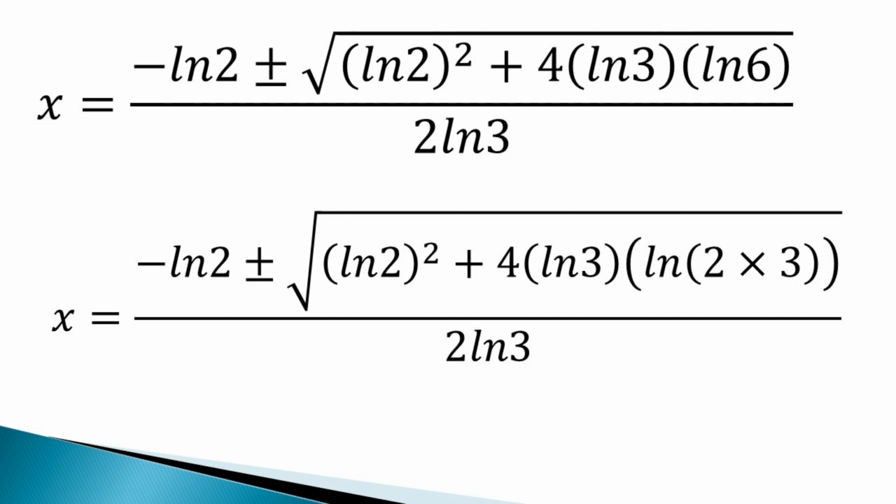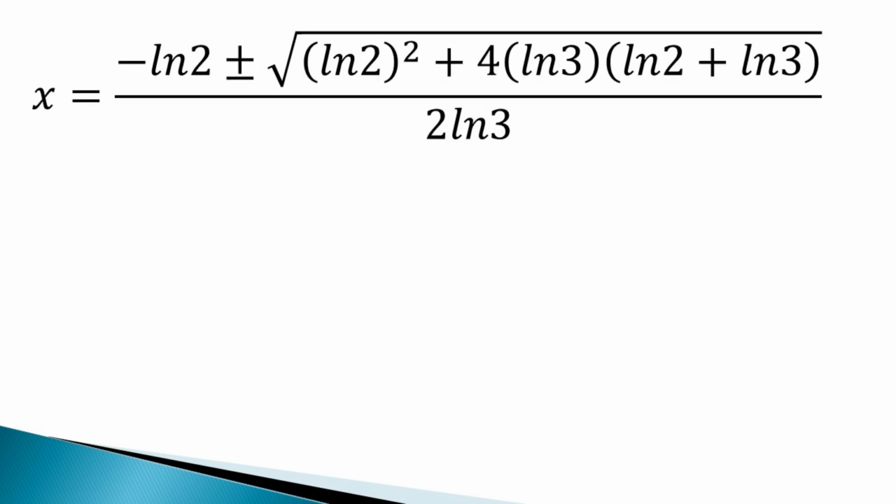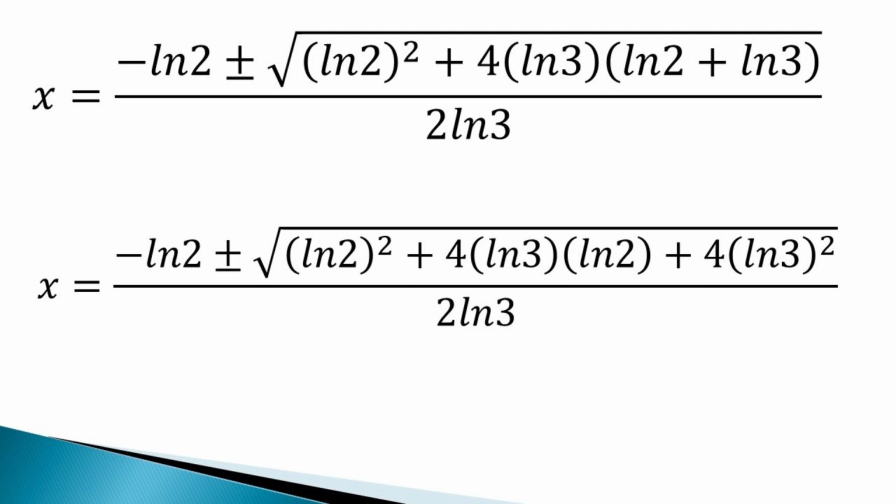Using the addition formula of log for ln of 2 into 3, the expression converts to x is equal to minus ln 2 plus minus under root ln 2 whole square plus 4 ln 3 into ln 2 plus ln 3 divided by 2 ln 3. Multiplying all the terms in the bracket, the expression turns to x is equal to minus ln 2 plus minus under root ln 2 whole square plus 4 ln 3 into ln 2 plus 4 ln 3 whole square, all divided by 2 ln 3.